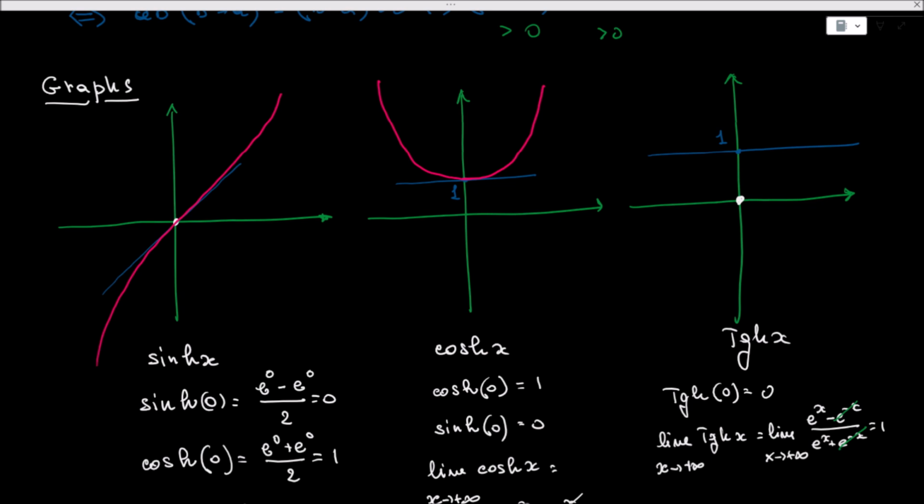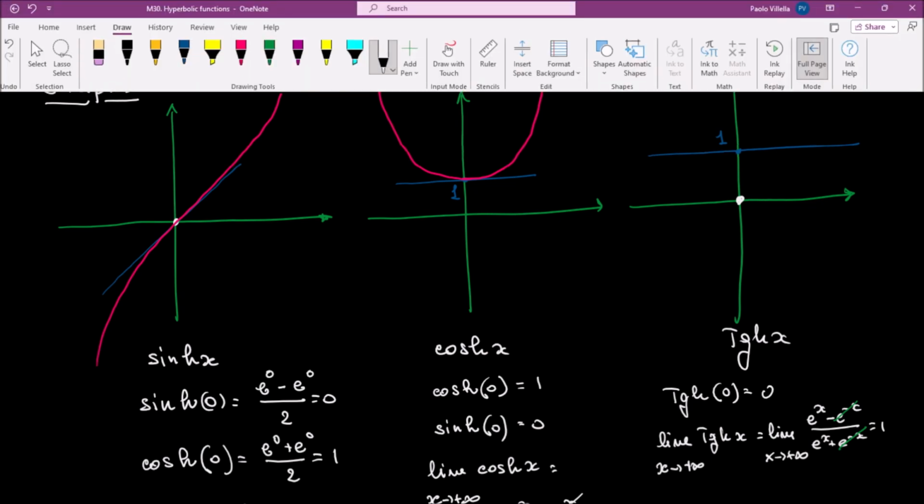How about the tangent derivative? So what is the slope of the graph when the graph passes by the origin? Well, we know that the derivative of the hyperbolic tangent is just given by 1 over cosh squared, right?